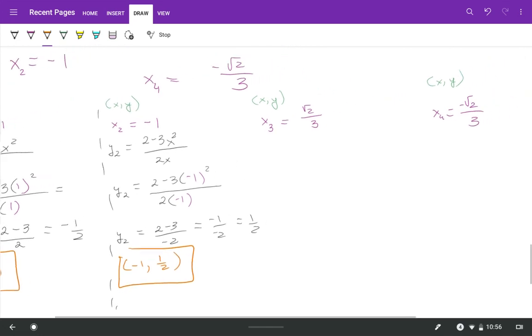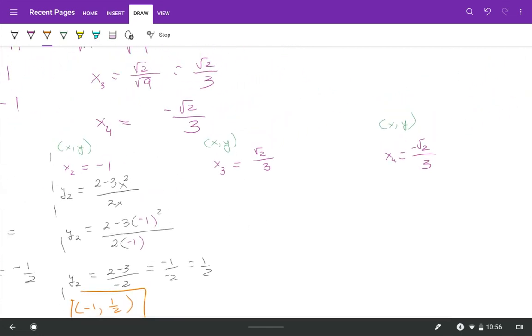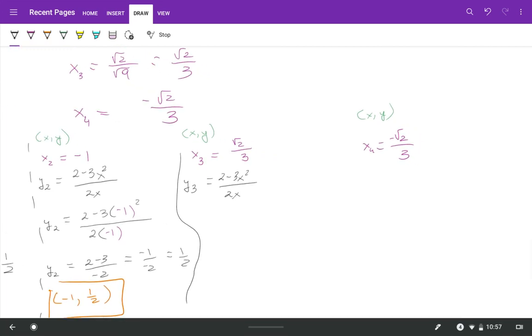Let's look for the third one right here. So again, y with index 3 is equal to 2 minus 3x squared divided by 2x. Here we'll have a little more algebra.